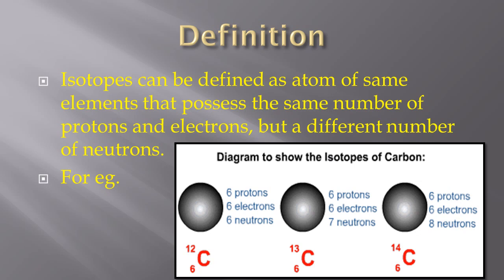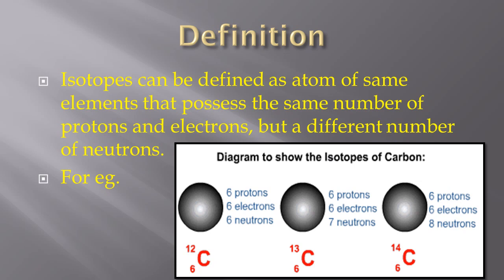For the second isotope of carbon, it is 6C13. It has the same number of protons, 6, and 7 neutrons, with 6 electrons. So the total, 6 plus 7, is 13. And for the next carbon isotope, it will be 6C14. Students, here you can see 6 protons and 6 electrons, but the number of neutrons increases by 2.